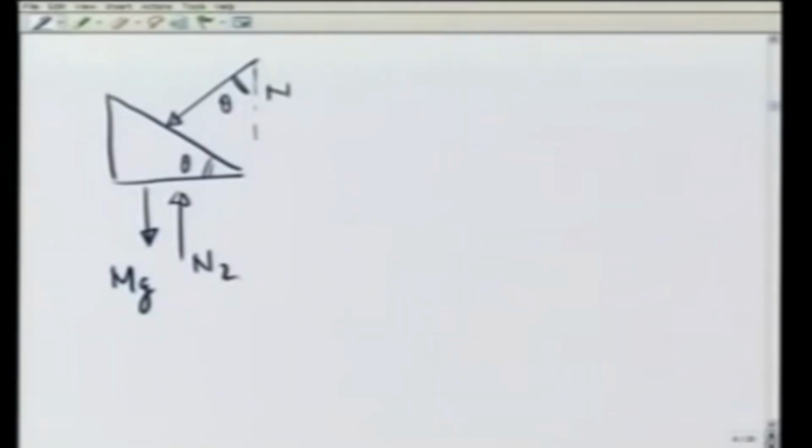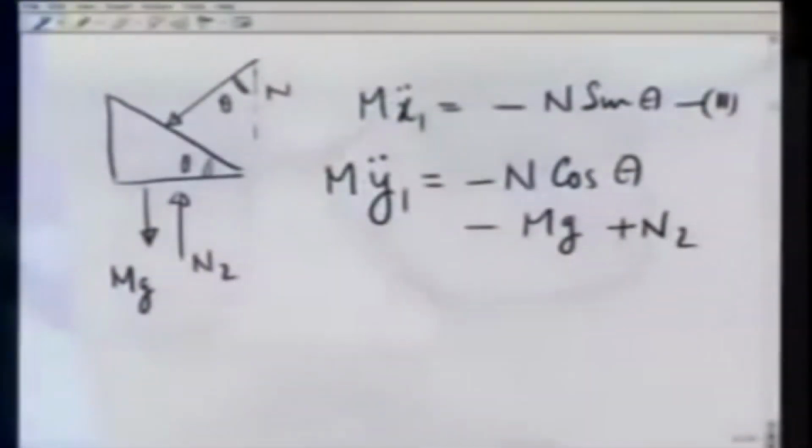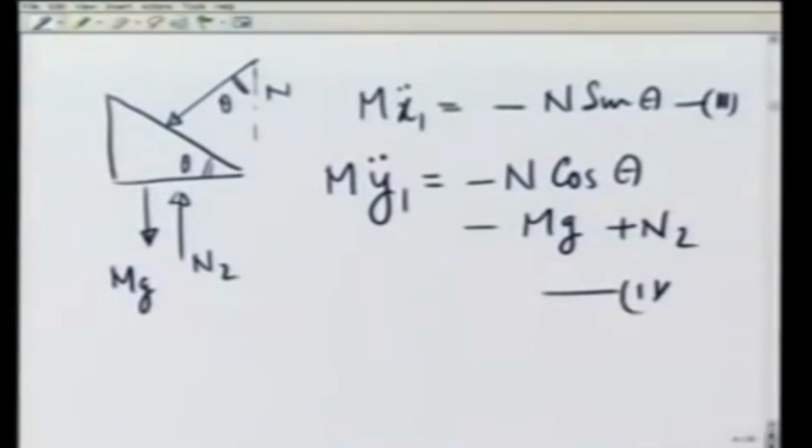So the equations are going to be M x1 double dot is equal to minus N sine of theta, equation number 3, and M y1 double dot is going to be equal to minus N cosine of theta minus Mg plus N2, equation number 4.